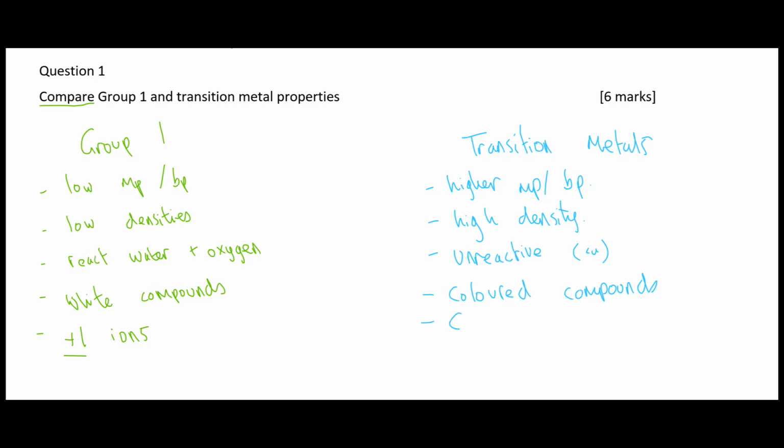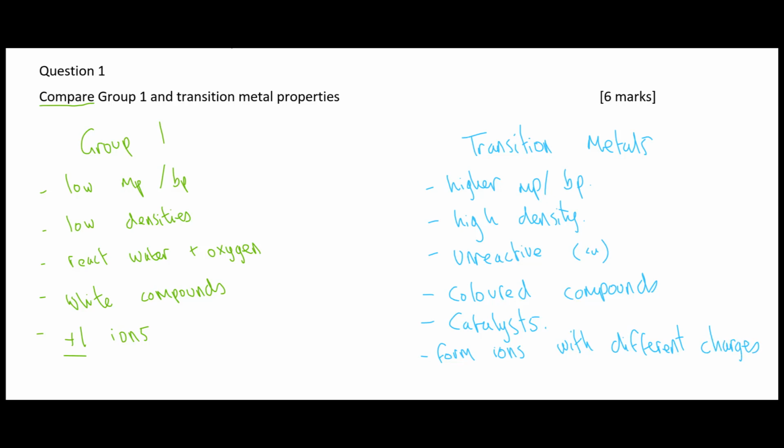Transition metals are also fantastic catalysts. They speed up the rate of a chemical reaction without being used up themselves. And finally, they form ions with different charges.